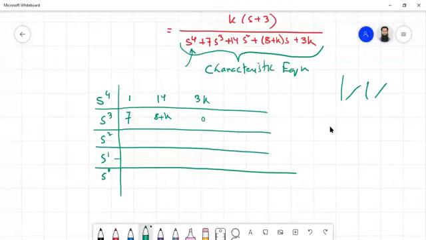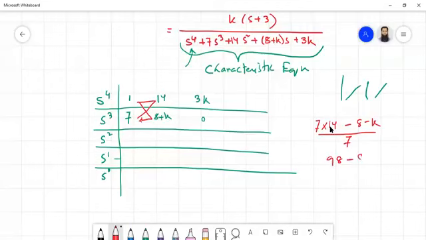So the first one, and then we follow the forming-8 pattern like this, multiplying this and dividing by this. So it will be eventually 7 into 14 minus (8 plus k), divided by 7 again. So it will be 98 minus 8 minus k, by 7.